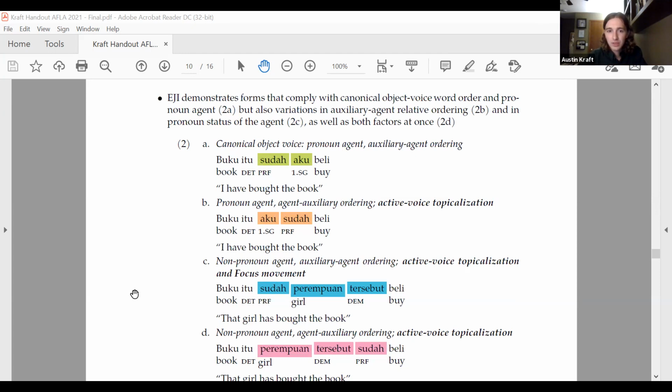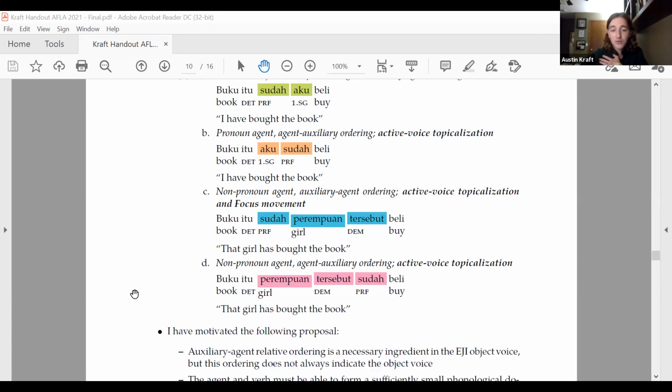But then the also acceptable sentence with the inversion of the agent and auxiliary, our diagnostics suggest, is an instance of active voice topicalization. And when we look to the other axis of flexibility, pronoun or non-pronoun status, as in 2C, we find evidence to suggest this is active voice topicalization in concert with focus movement.